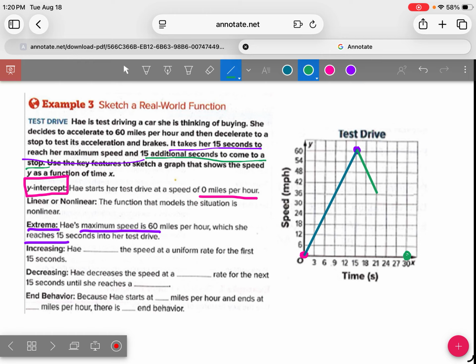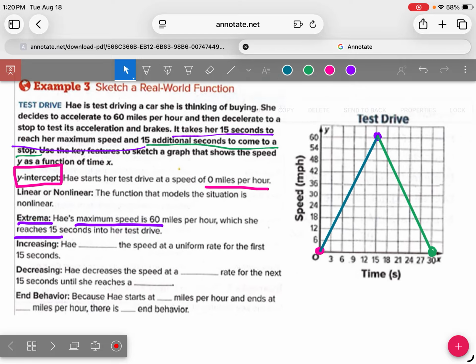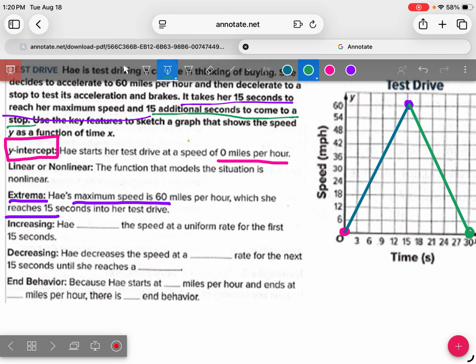So I could connect those pieces up, and this is how we can sketch out her test drive. What they're looking at in the paragraph off to the side for these missing pieces is how she was increasing in the beginning and then decreasing at the end. As she was speeding up, when the car was going faster and faster, we can see that she was increasing the speed.